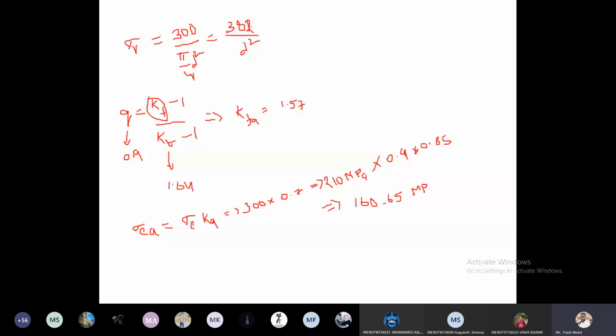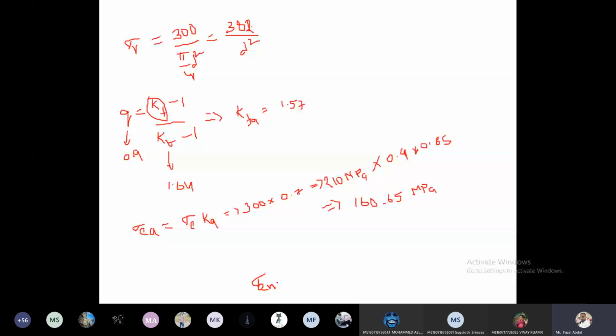Okay. What additional things do we require? Everything is calculated. Just directly substitute the values in this equation, the main equation, and you will get the equivalent normal stress due to axial loading. Equivalent normal stress due to axial loading equals... What is the answer? Substitute all the values in this equation.